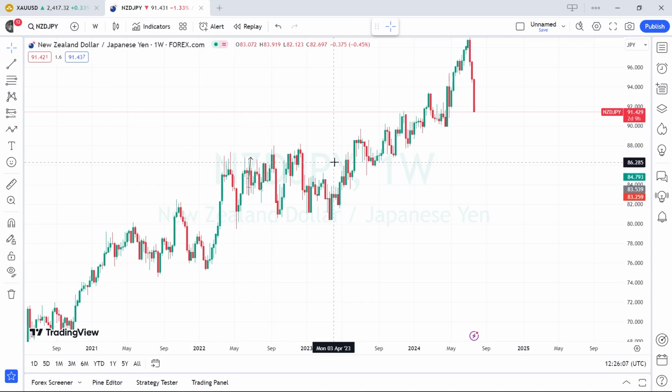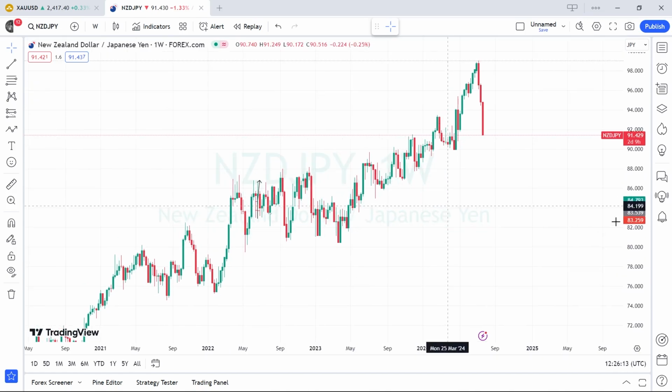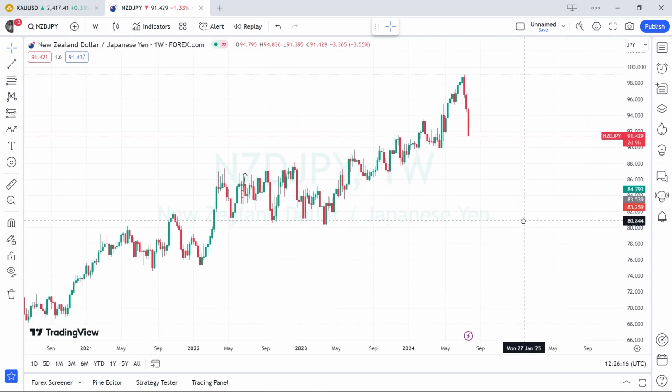But for this one, the trend is not so clean because the difference in economies isn't all that much. I haven't checked the GDP numbers, but between New Zealand and Japan, New Zealand isn't so big as compared to Japan. Anyway, the rate differential has been big. That's the thing that has fueled this uptrend. You can see it's been weakening quite significantly over the past few weeks. Check that out later.